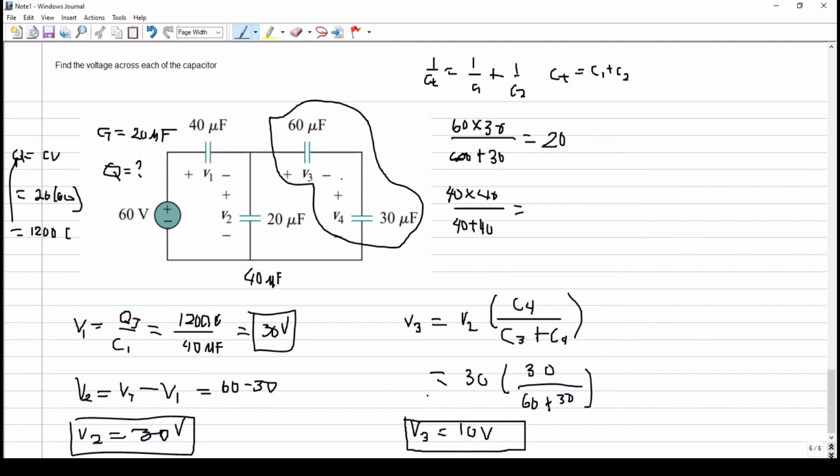Okay. So to find the V4, we also use the voltage division. So V4 is equals to V2 times the capacitance of C3 over C3 plus C4. Okay. So therefore 30 volt times C3 here is 60 over 60 plus 30.